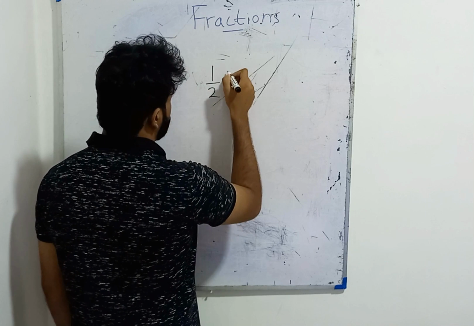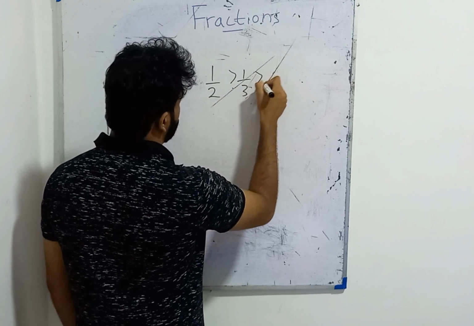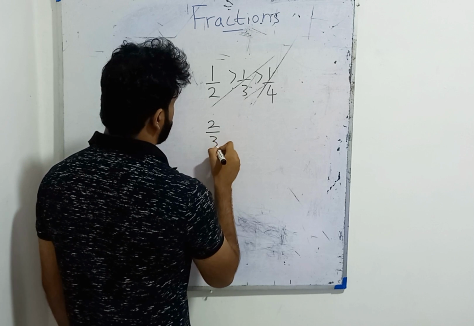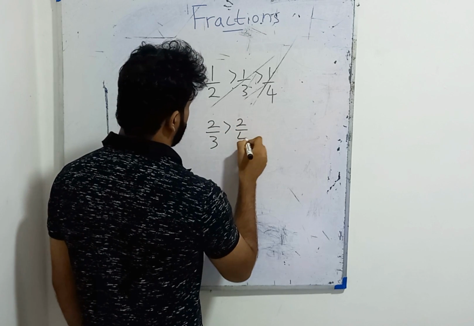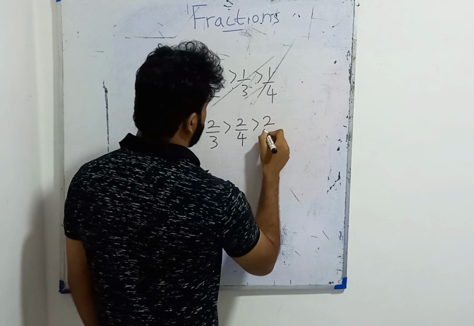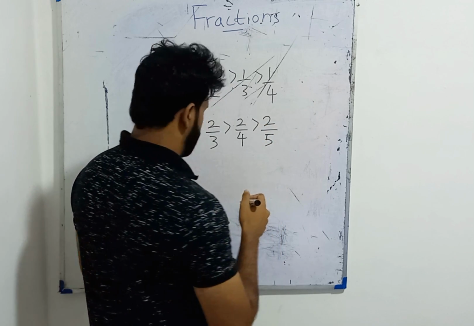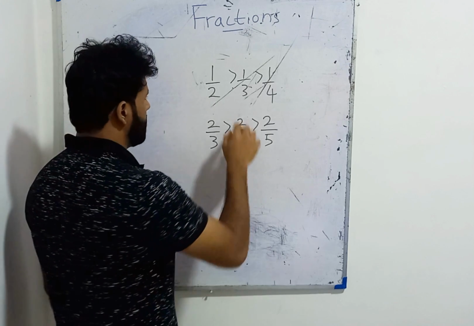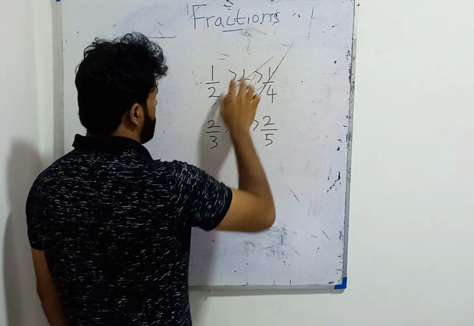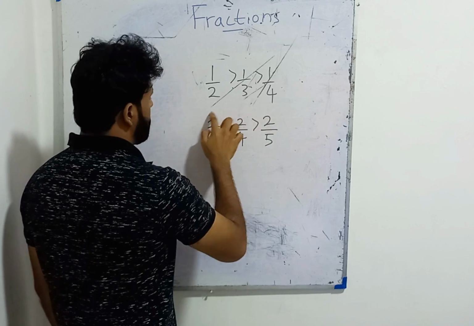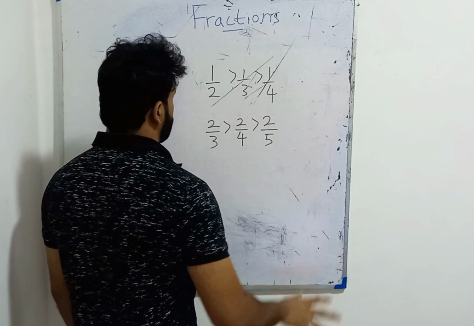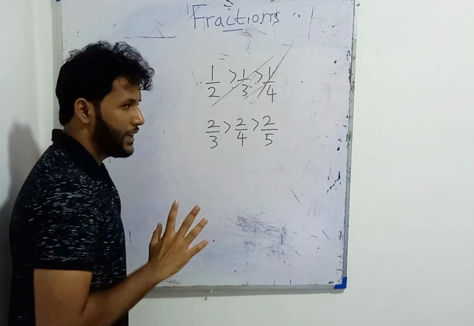1 over 2 is greater than 1 over 3, which is greater than 1 over 4, and 2 over 3 is greater than 2 over 4, which is greater than 2 over 5. Here you can see the numerator remains unchanged, the denominator increases, and then the value decreases.